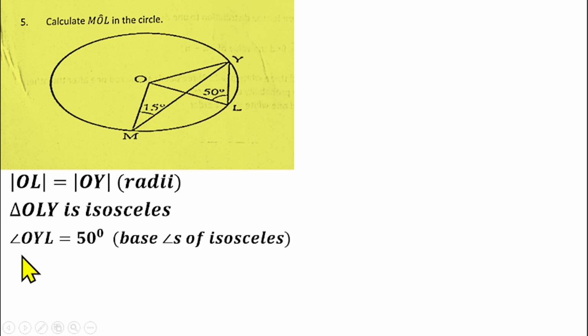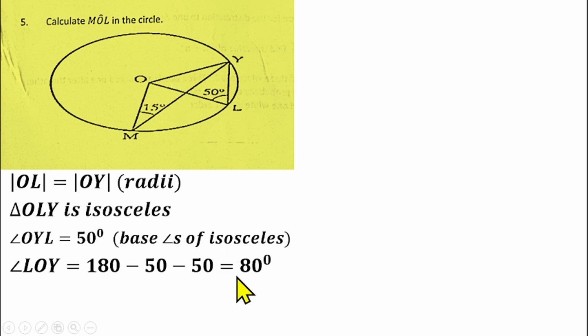That means angle OYL, which is the angle here, will be 50 degrees also, the base angle of an isosceles triangle. So this angle here is equal to this angle here. So you can now find angle LOY, the third angle inside the triangle, using sum of angles in a triangle. That angle will be 180 minus 50 minus 50, which is 80 degrees.